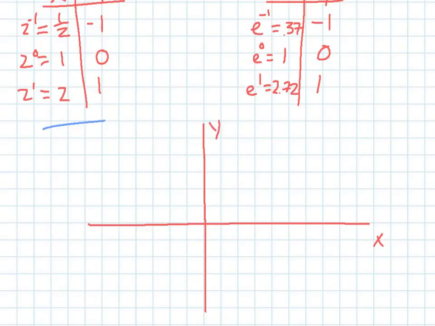Go back to the blue. So x is 1/2, y is -1. So there would be my point here. 1, 0, and then 2, 1. Okay, so my graph will look like that.